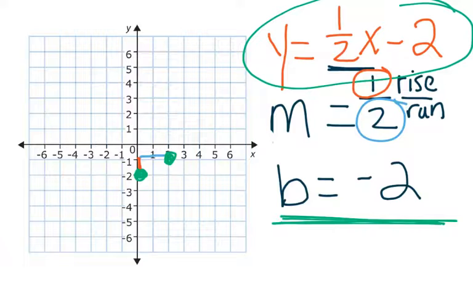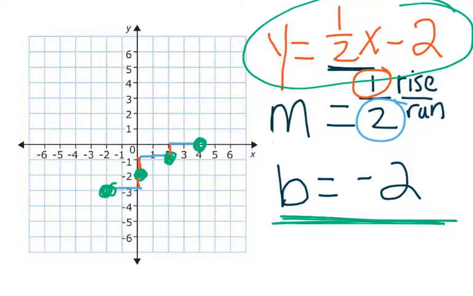Then I'm going to rise 1, and I'm going to run 2, and my next dot will go here. I can go the other direction, keeping that same pattern of 1, and then 2, and then I would put a dot right there. So I can go either direction.